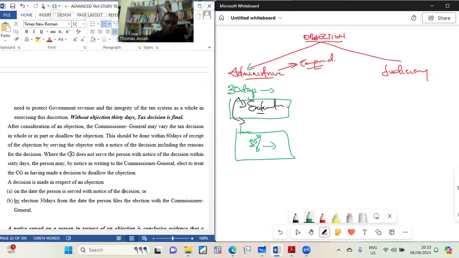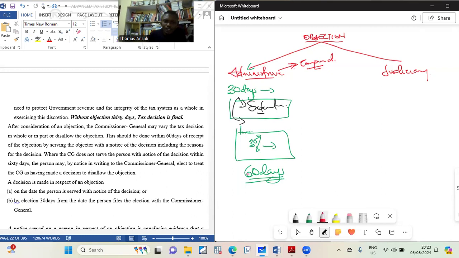He can accept your objection, he can reject your objection, or he can vary it. But he's supposed to respond to you in 60 days. In the old law, it used to be 90 days. But he's supposed to respond to you in 60 days. That is 2 months, of his decision in respect of your objection, whether he has accepted your objection or he has not accepted your objection.